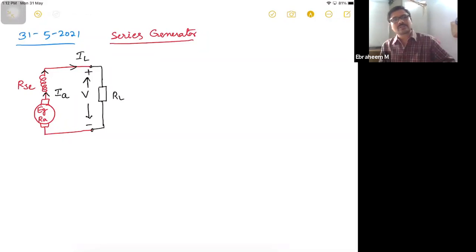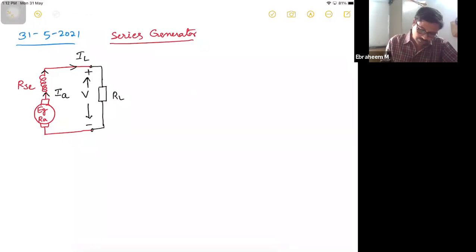So this is a single loop circuit. There is only one closed loop, so whatever current flows in one branch, the same current flows in all the other elements of the loop.